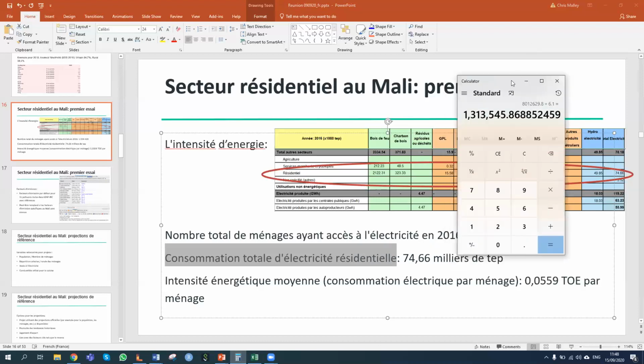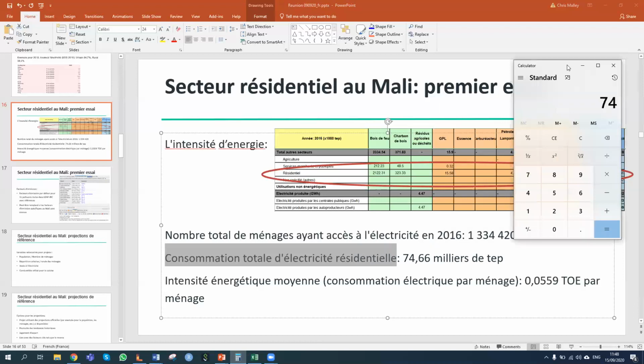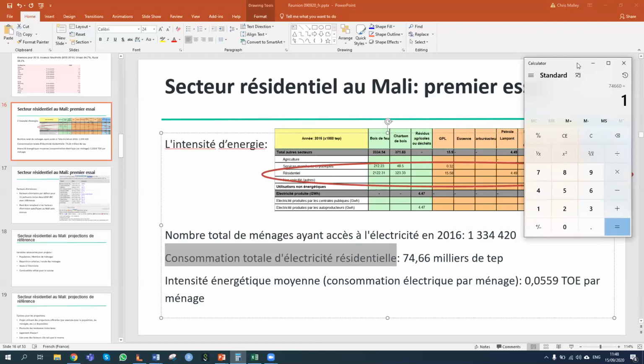So if I do 74,660, that's 74,000 tons of oil equivalent, and divide it by 1,334,420, that gives me the average amount of electricity consumed per household.